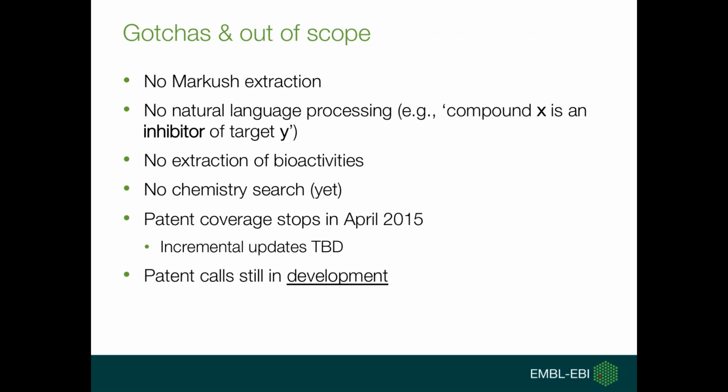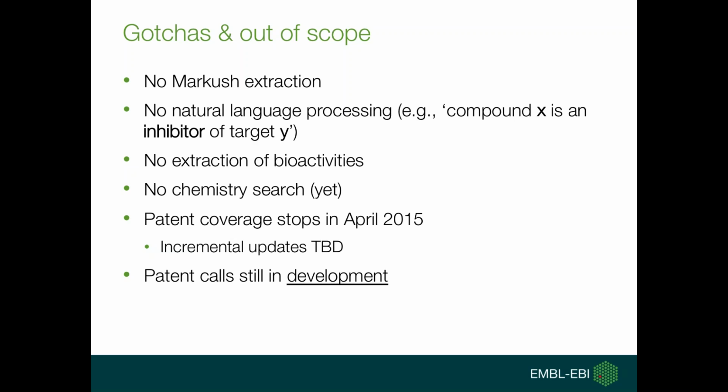The other thing is that what we did is a bag of words approach in text mining, not a natural language processing approach. So we didn't use, for example, verbs or certain trigger phrases to link compound X with target Y.